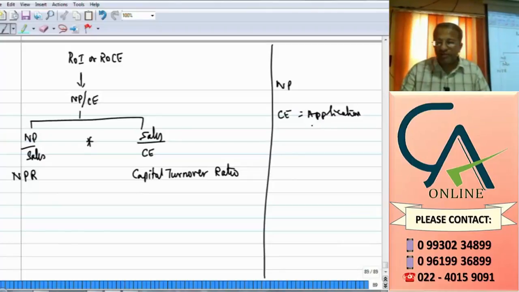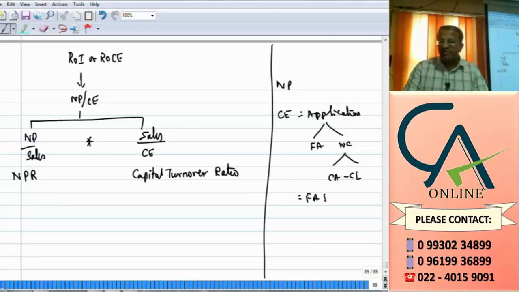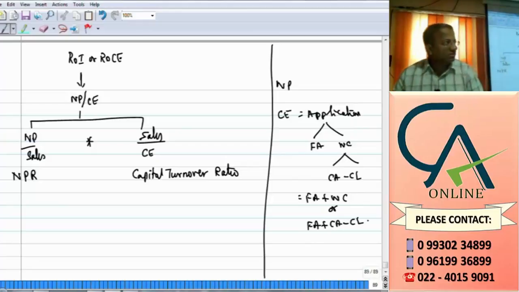Capital employed is equal to application, where application would mean I will put it in the form of fixed asset and working capital. Working capital would mean current asset minus current liability. So I would say it is fixed asset plus working capital, or fixed asset plus current asset minus current liability.